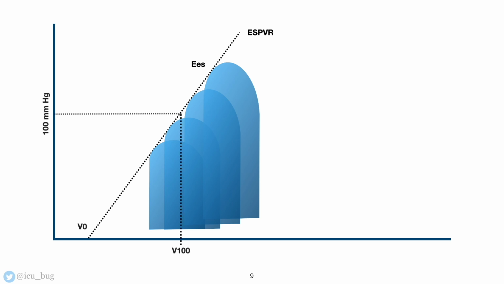The parameter V100 is the end systolic volume that corresponds to an end systolic pressure of 100 mmHg. This parameter is correlated inversely with contractility. Therefore, with increased contractility, the V100 value decreases, and the end systolic pressure volume relationship is shifted towards the left.